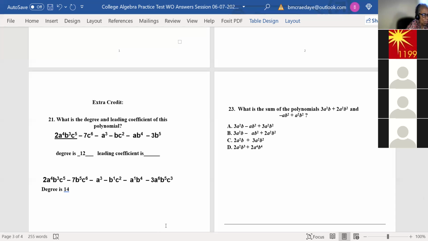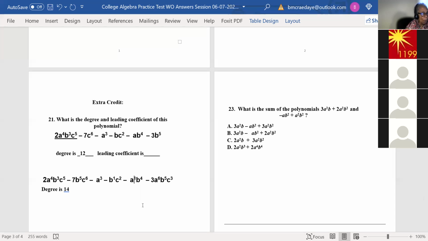Yeah, 1 and 4 is 5, but that's not as big as 14. But you said 14. Yeah, this one is 14. 6, 5, 3 is 14, which is a higher total of powers than any of these other expressions. Okay. Got it? Yes. So that's the degree. Degree of this polynomial is 14.